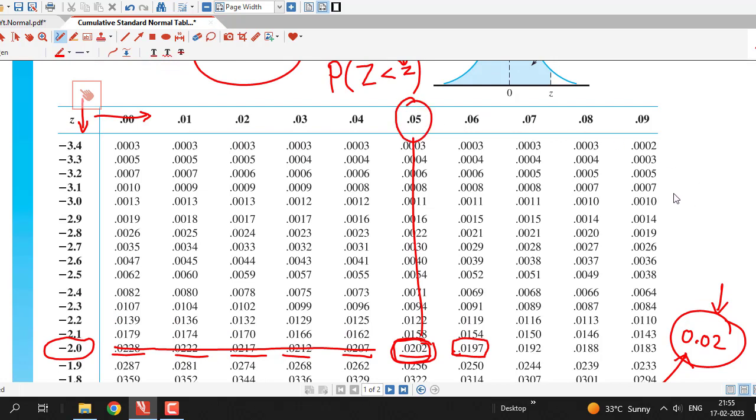That means the value of z for which we have this area is minus 2.05. From this table we find that the probability that z is less than minus 2.05 is equal to 0.0202. Therefore this is our required value, minus 2.05.